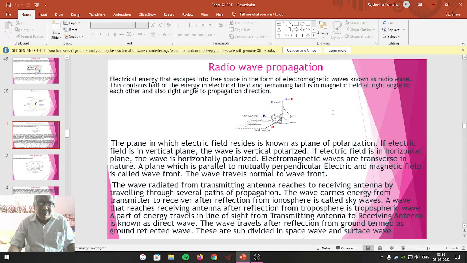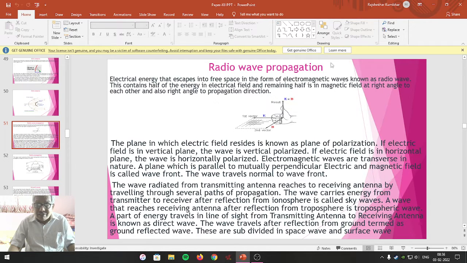The receiving antenna converts the electromagnetic signal into the radio frequency signal and is coupled to the receiver or destination. Friends, we have studied the transmitting antenna, we studied the receiving antenna.